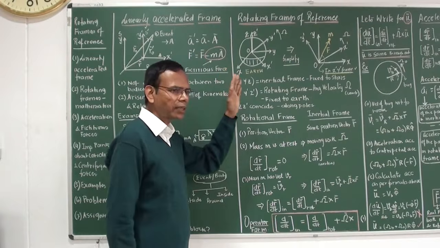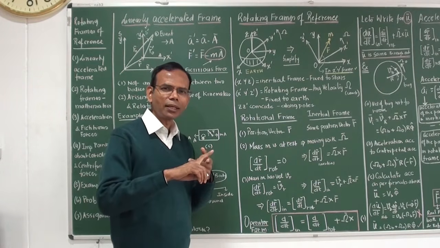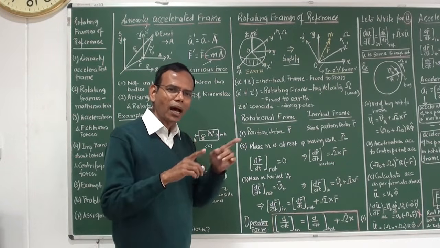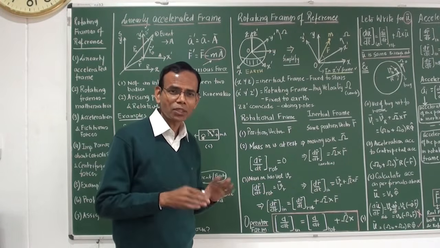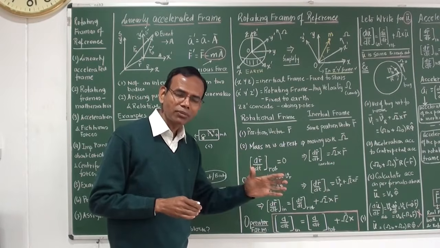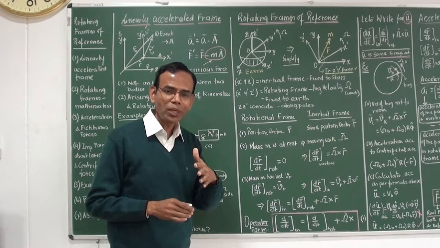I avoid that because sometimes in polar coordinates, if a body is moving in a circle, then the r theta coordinate is moving with the body. So it is also a rotating axis, but it is not a rotating frame, because there the observer is standing outside. I am measuring the theta with respect to the x-axis.